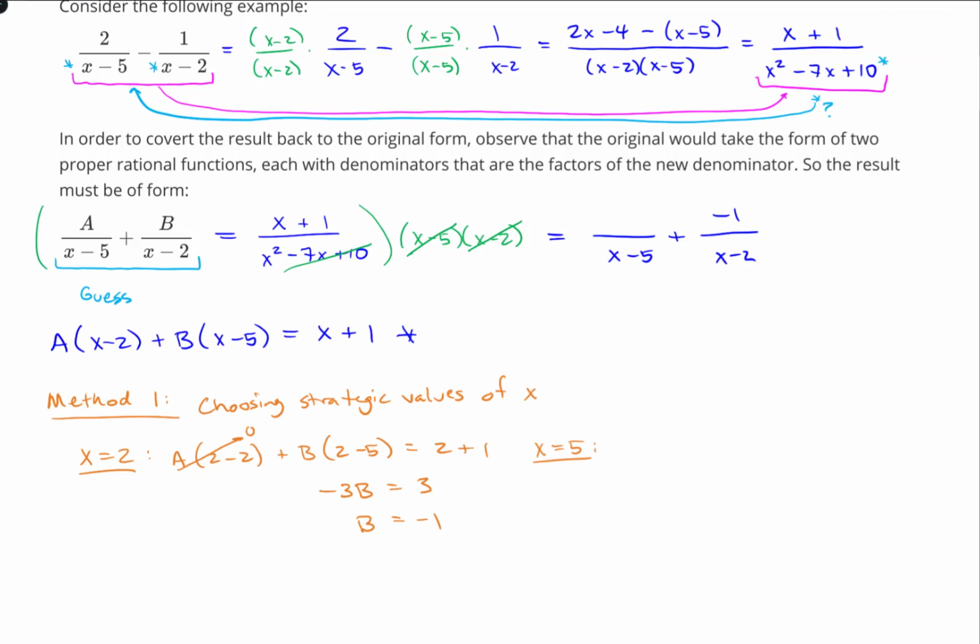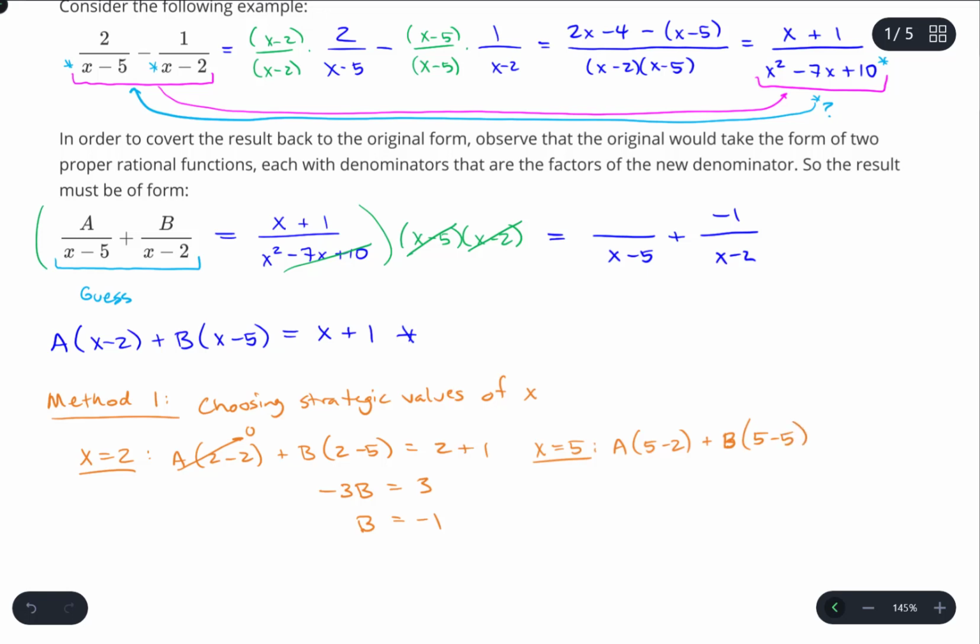When I plug that in, it would make another term with a variable cancel out, which would allow me to solve for the other variable. So if I plug in x equals 5, I would have A times 5 minus 2 plus B times 5 minus 5 equals 5 plus 1.